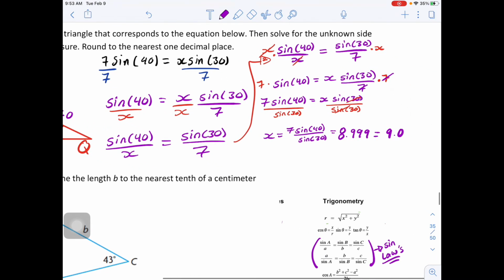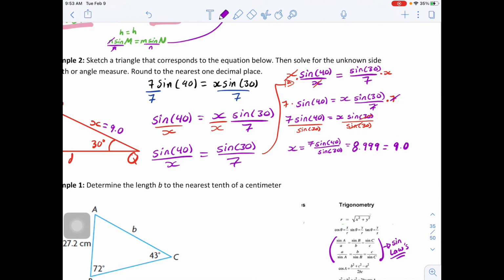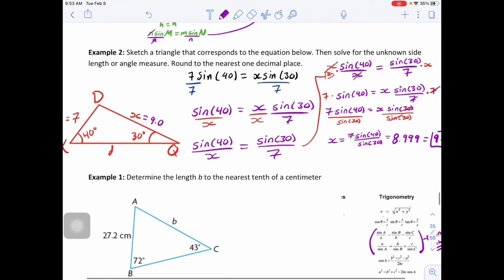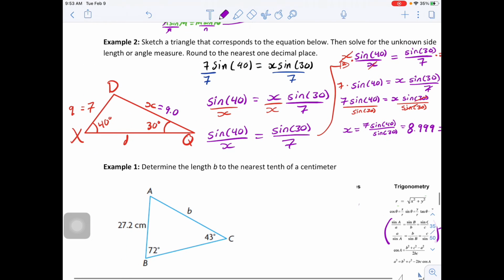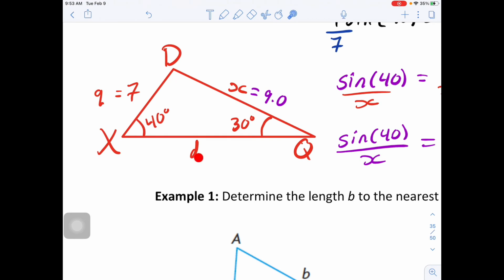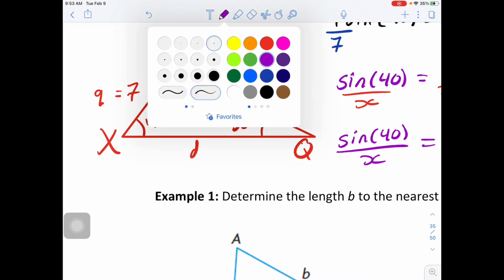Now, let's just add on to this question. Although we have figured out the unknown side length, we could actually solve this triangle fully. Why could we solve this triangle fully? Because we could find d fairly easily with our sine laws. All you have to have is the opposing angle. How do we find the opposing angle? Well, we can remember that all angles in a triangle add up to 180 degrees.